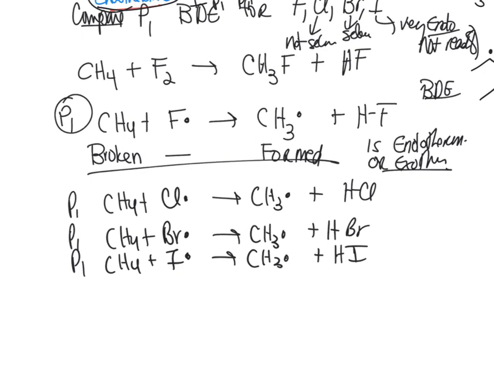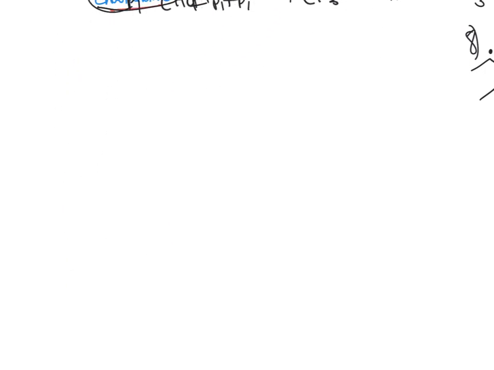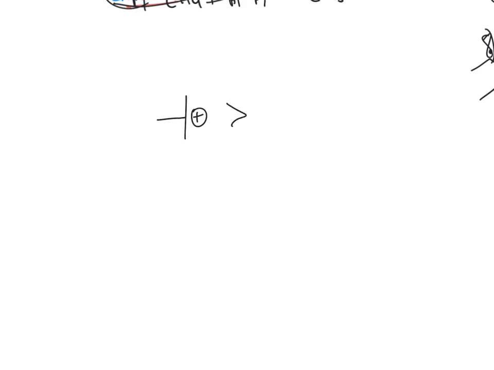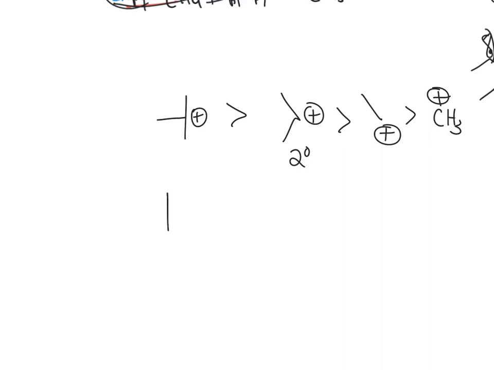The other thing I need to point out too is we've talked about now that tertiary carbocations are more stable than secondary, which are more stable than primary, which are more stable than a methyl. And we've also talked about free radicals.